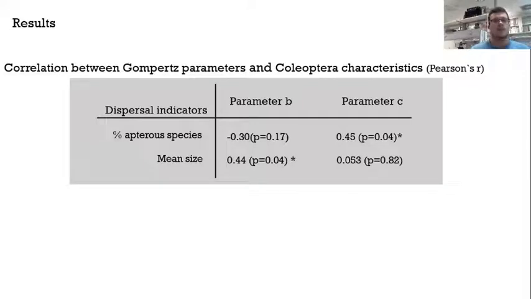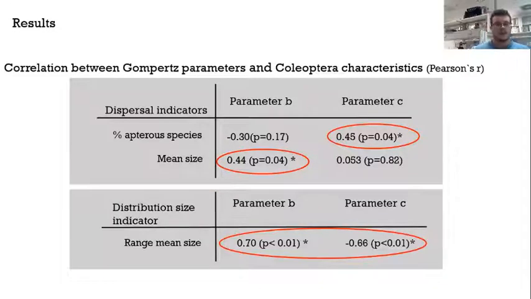In the correlation between the Gompertz parameters and the biological characteristics of the beetle taxa, we found a significant correlation between the parameter B, controlling the intercept, and the mean size of the species. And also a significant correlation between the parameter C, the slope, and the percentage of apterous species.